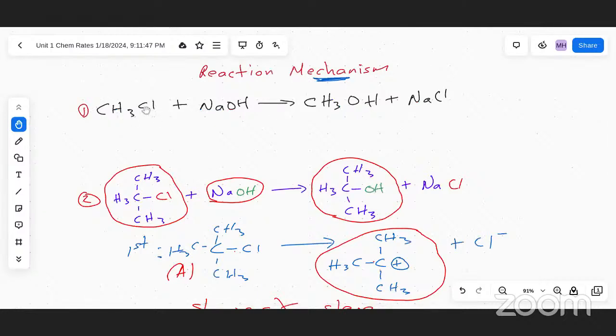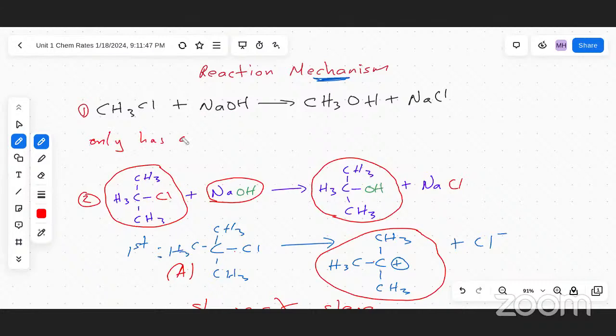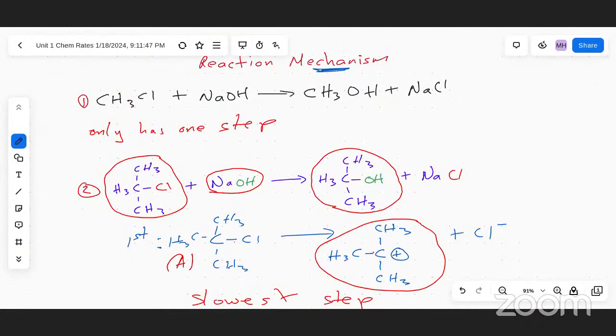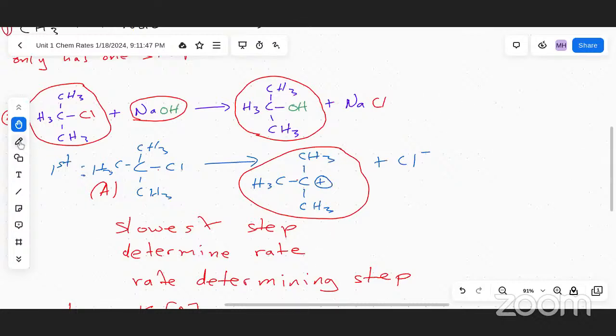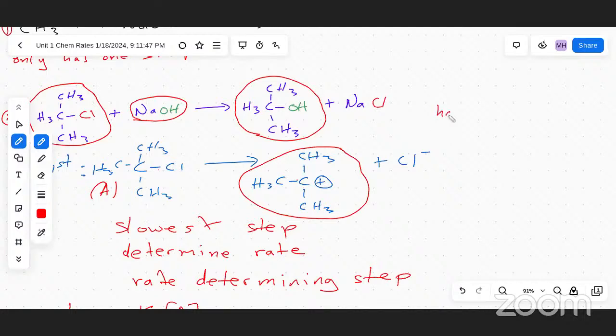For this equation here, it's only one step. This one down here has multiple steps. So because it has multiple steps, only the first one goes in the rate equation.